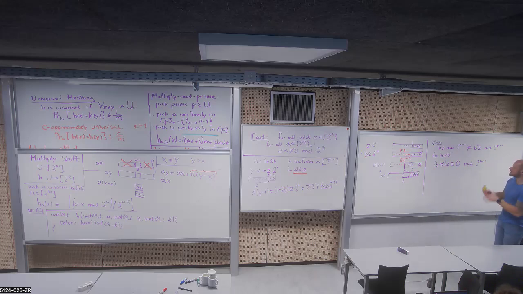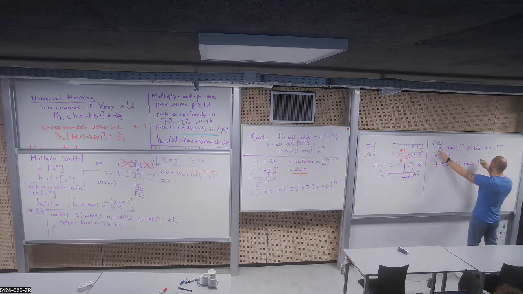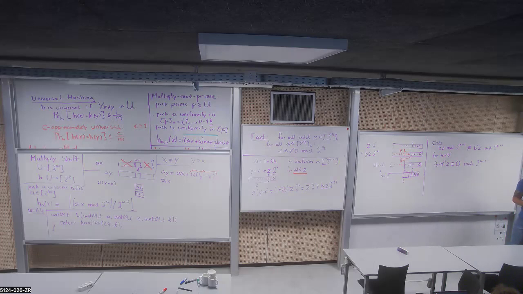Which means there's a bijection between the random choice of B and the value of B times Z mod 2 to the W minus 1.